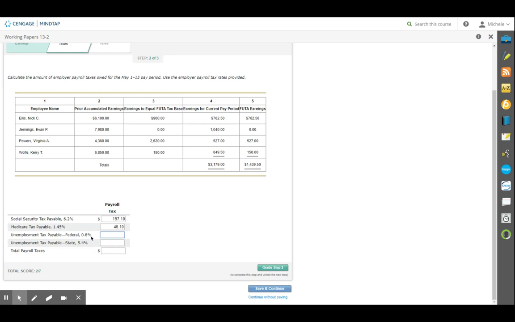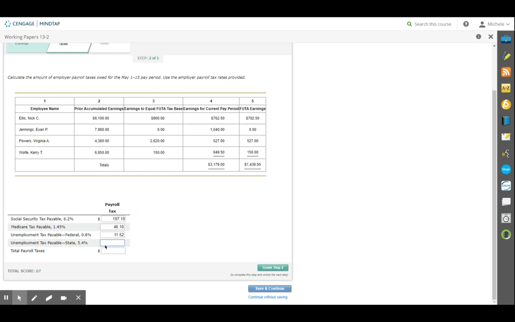And I got 11.516, and that 0.516 will round to 52 cents. So $11.52. Okay. For the state, we have to pay 5.4%. Again, we're going to use this FUTA earnings, this number here, so $1,439.50 times 5.4%.